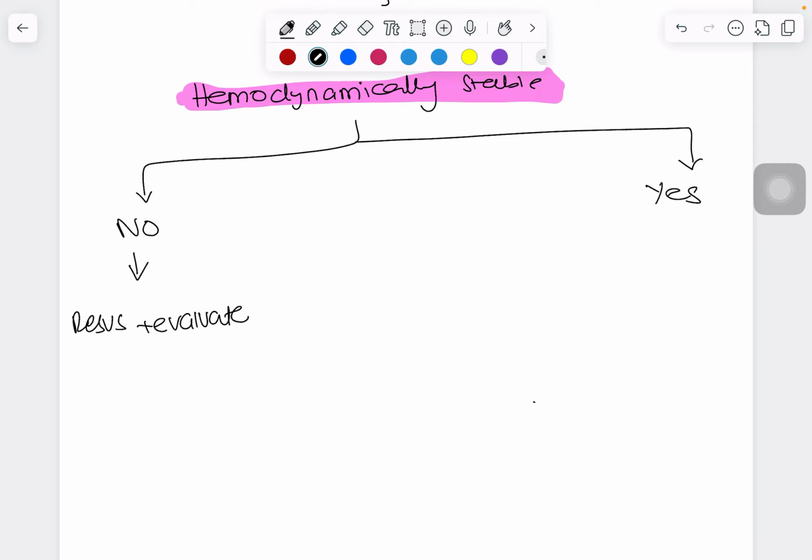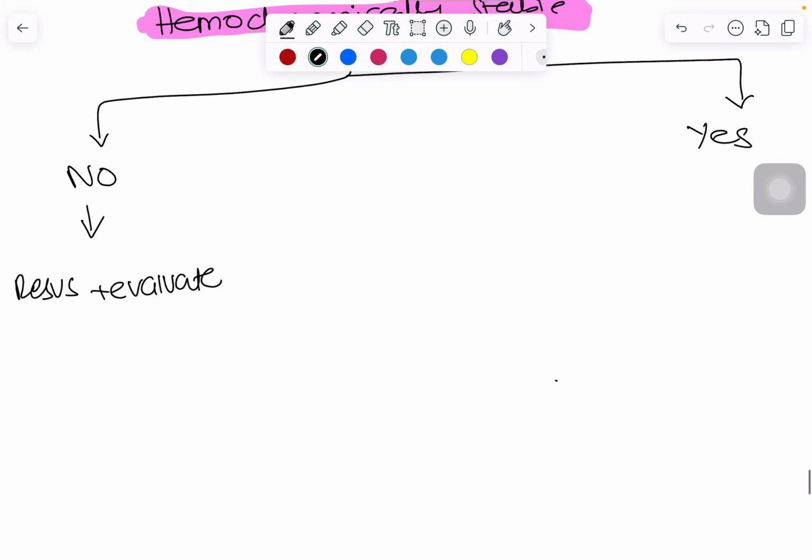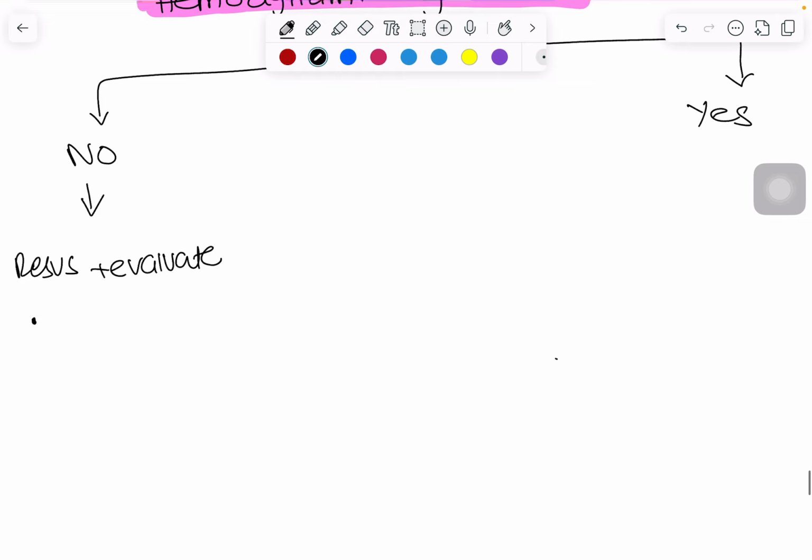By resuscitation, we do all of the ABCs in the ER. We give them oxygen. We get IV access. We give them fluids, blood, whatever is needed to resuscitate the patient. And we also further evaluate the patient with EFAST, which is done to identify any signs of internal hemorrhage, any bleeding in the peritoneum, or any sort of internal bleeding.